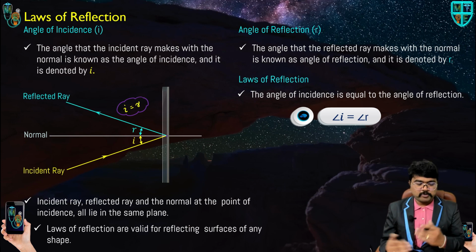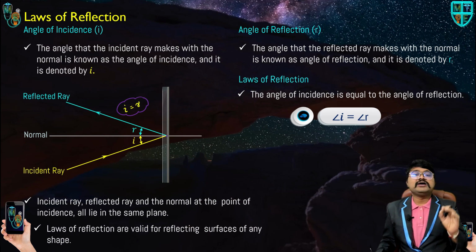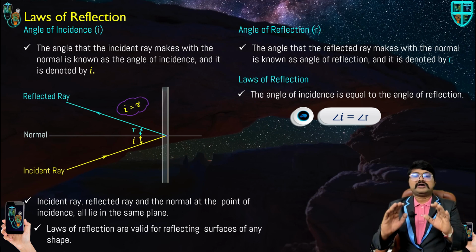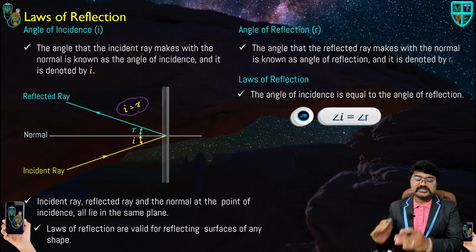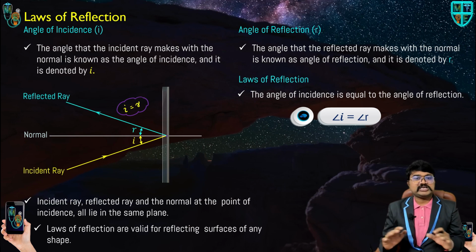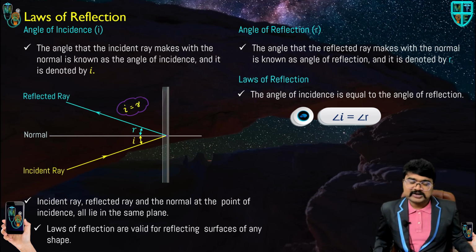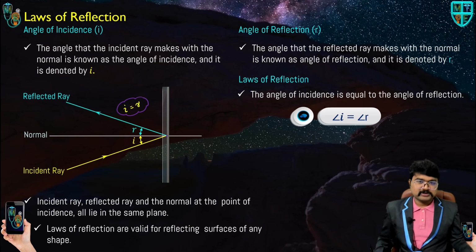One important law here is that the angle of incidence equals the angle of reflection, and these three rays are present in the same plane, and this law is valid for a reflecting surface of any shape.